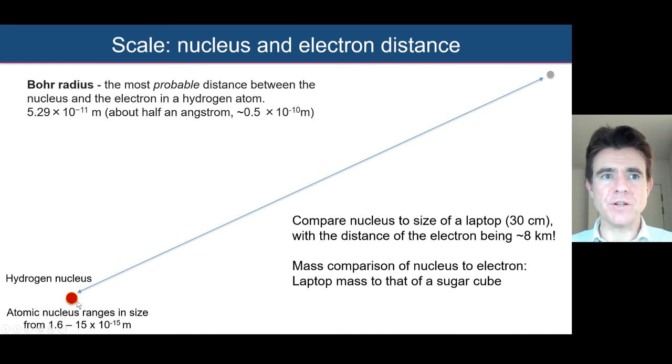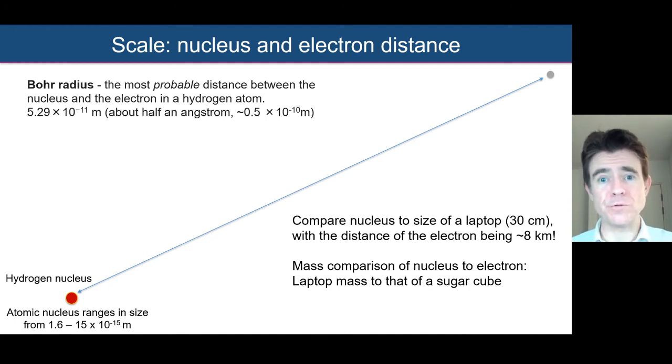I compared that nucleus size to the Bohr radius, and you end up with this rather phenomenal outcome. It's as if the nucleus is the size of my laptop, and the electron orbiting it is about 8 kilometers away from my laptop. That is really quite mind-blowing if you think about all the empty space between a laptop and a point about 8 kilometers away. Quite a phenomenal thought in terms of what an atom is.